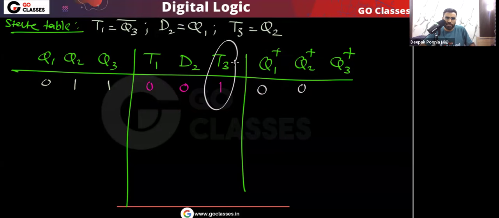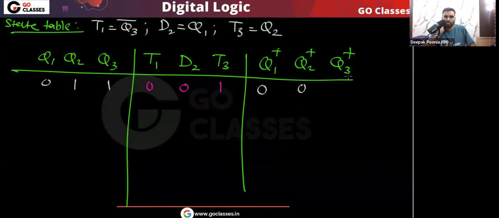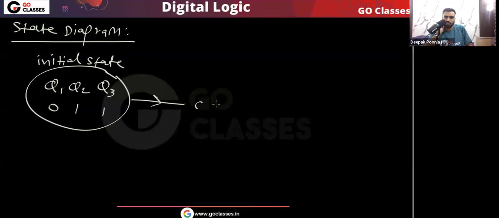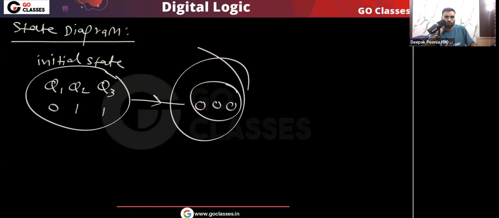It is determined by T3 and Q3, and T3 equals 1. This is the toggle combination in the T flip-flop: when the T input is 1, the next state is the complement of the present state. So Q3 next will be the complement of Q3, that is 0. So from 0, 1, 1, the next state will be 0, 0, 0.